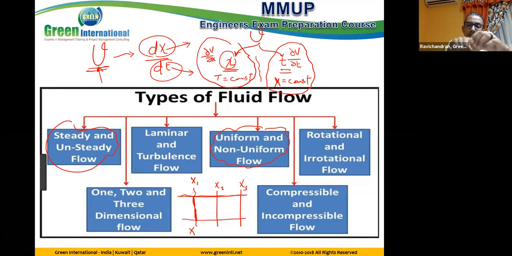If the particle itself is rotated along its axis while the flow is moving, whatever the movement of the flow overall, even if straight, we focus on the particle. If this particle is rotated along its axis, this is rotational flow. If not, this is irrotational flow. We'll see the slide for that also.